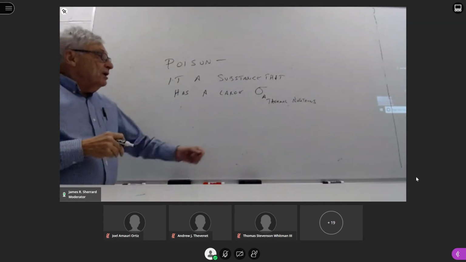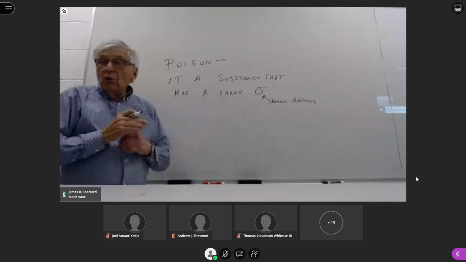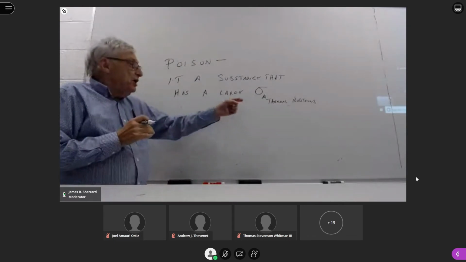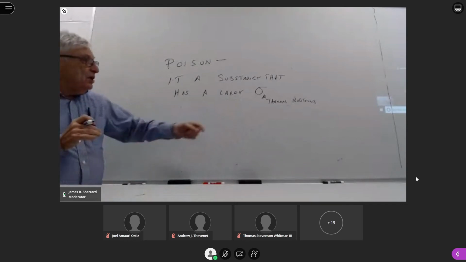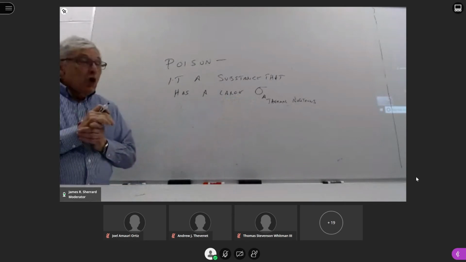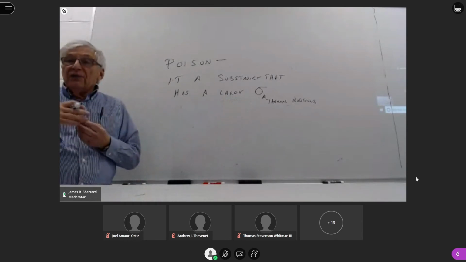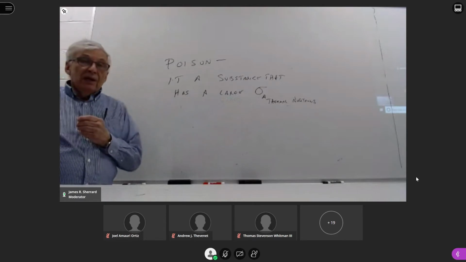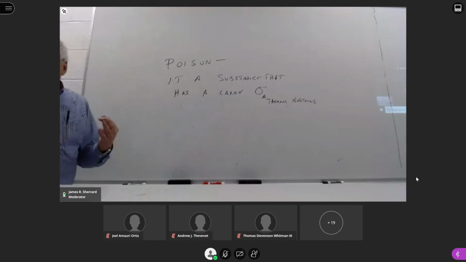So that could be good. For a poison, if you want to shut down a reaction, you can put in something that has a very large absorption cross-section. That's going to remove a lot of thermal neutrons. It'll induce a negative reactivity, and you're going to shut things down.